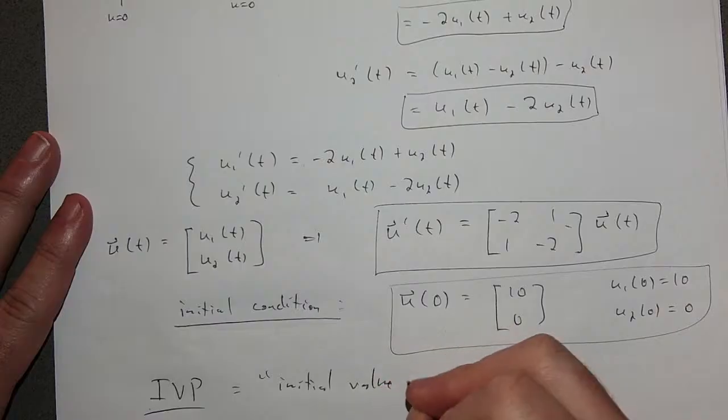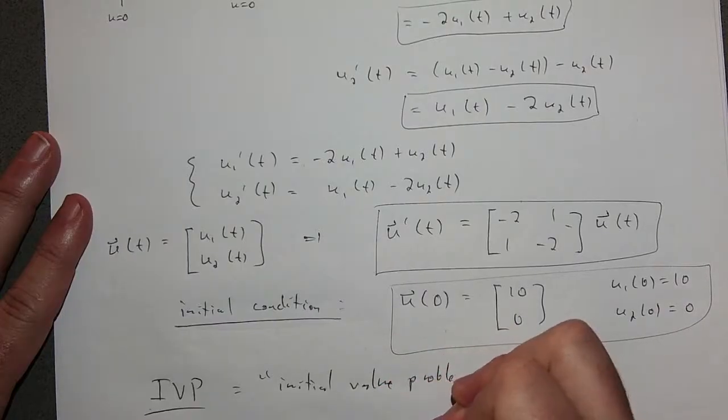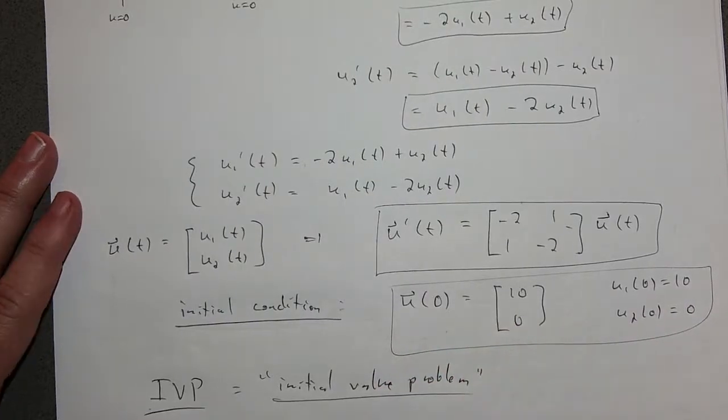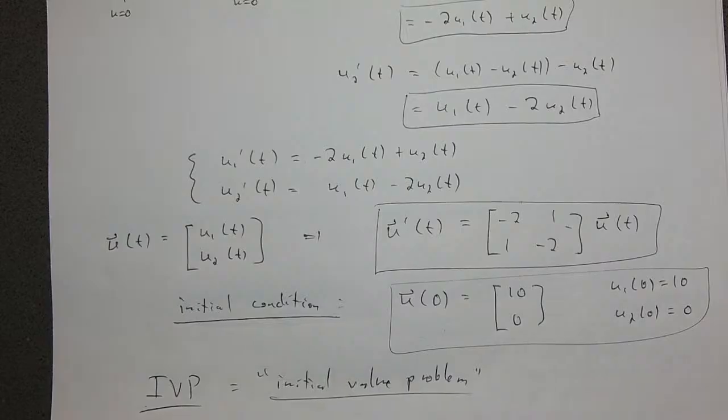Now, this terminology applies even for just regular old ordinary differential equations. Frequently when you take a differential equations course and you are asked to find a unique solution, the context is that you're solving an IVP.